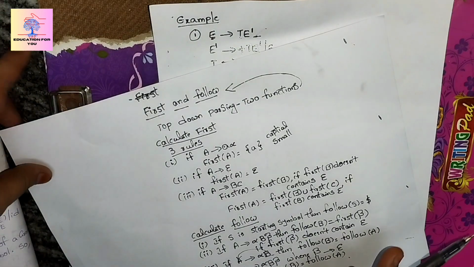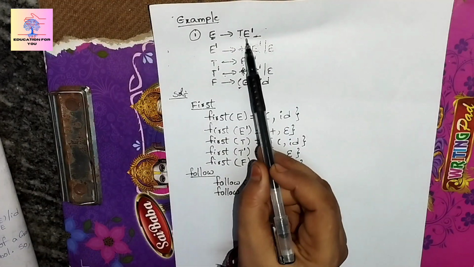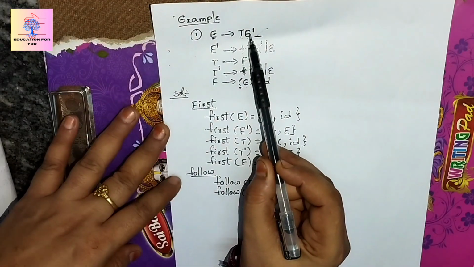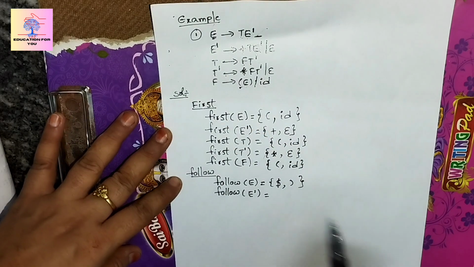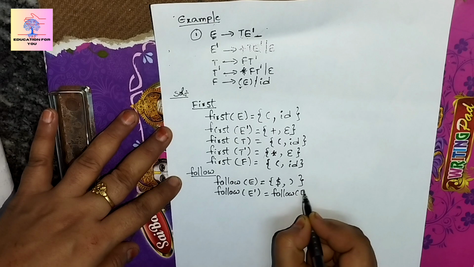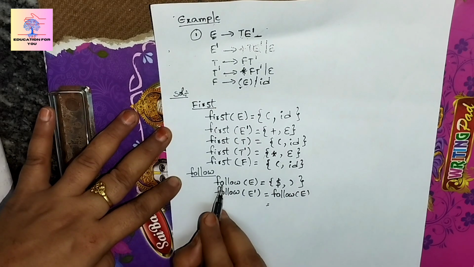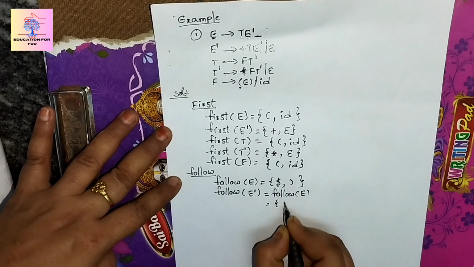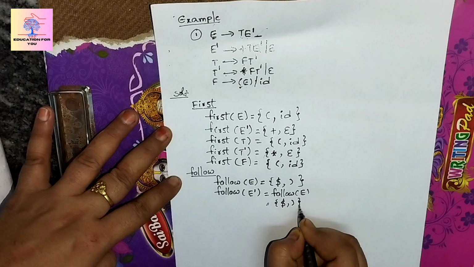Here also, after the E dash, nothing is there. At that time, follow of E dash can become as follow of E. What is the follow of E? Already you got the answer. That is dollar comma closed parenthesis.